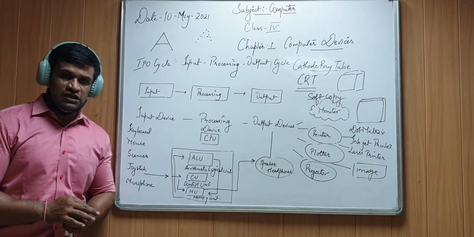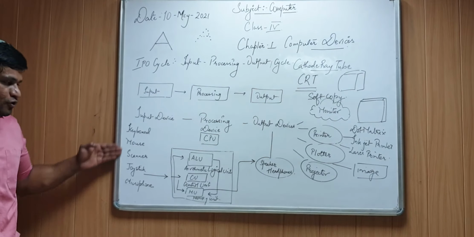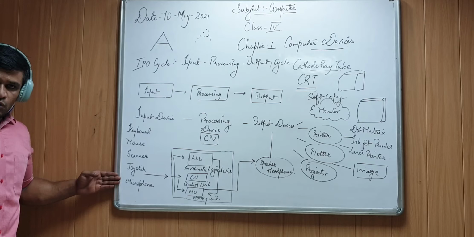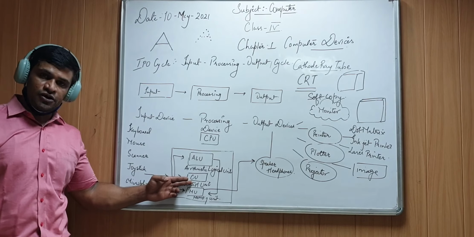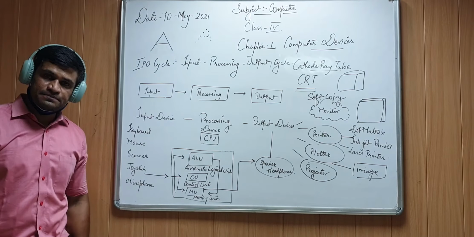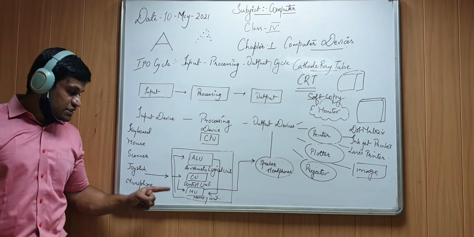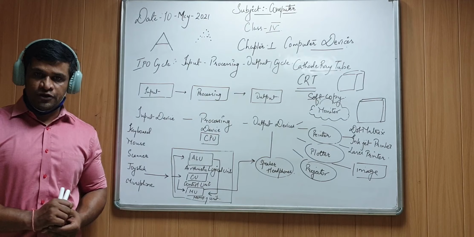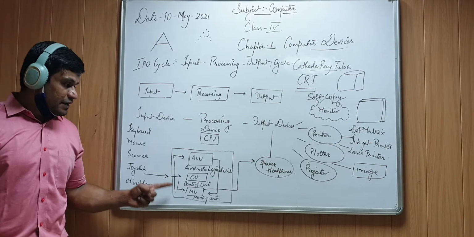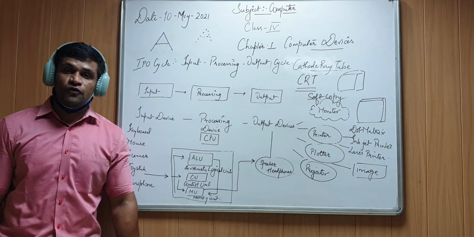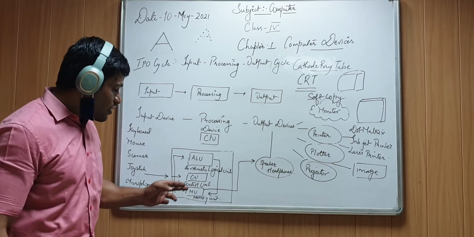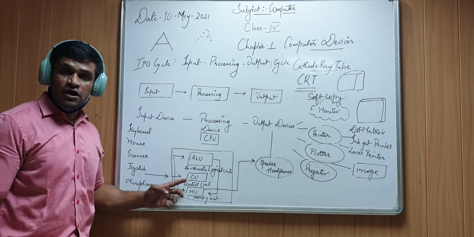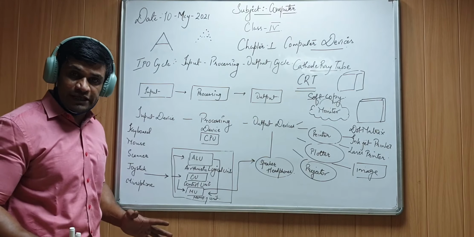Again, just to brief the chapter. Input devices give the input, which is controlled and taken by the control unit in the processing device. Control unit first stores the input in the memory unit. Then from there it gives it to ALU for calculation. All this work is done by the control unit. It controls the thing, it manages the thing.